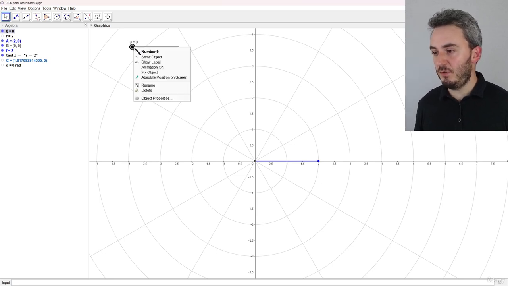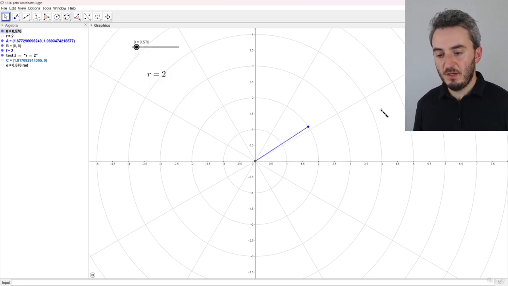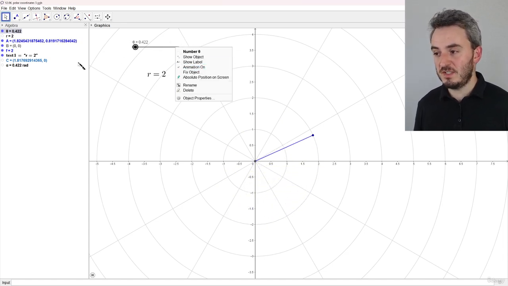So let's go and have a look at what this looks like. What we see is our point just spinning round as theta increases, but the distance to the origin is always 2.